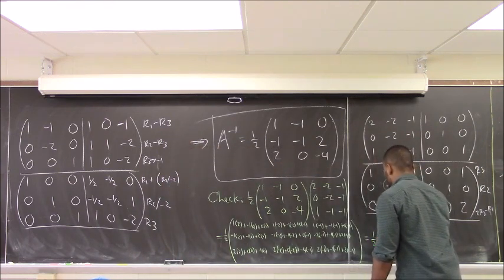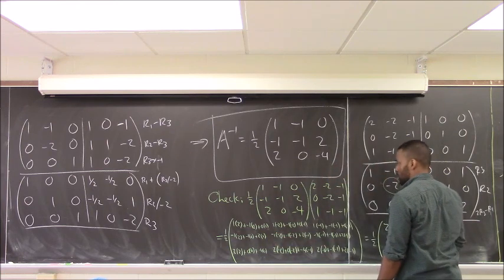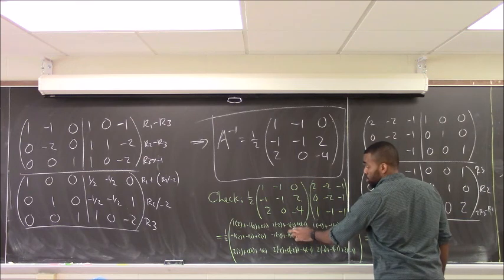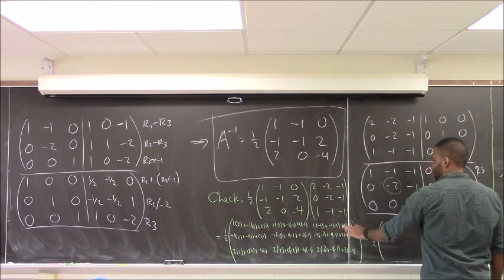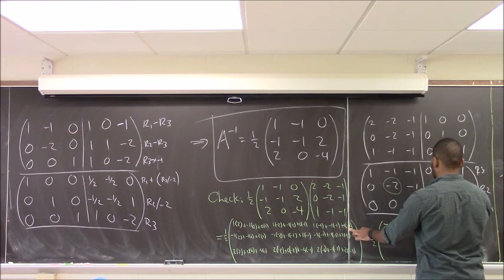So we're going to get 1/2 times 2 plus 0 plus 0, minus 2 minus 2 minus 2 plus 2 because it's a negative 1, so that's 0, minus 1 minus 1, minus 1 plus 1 plus 0.